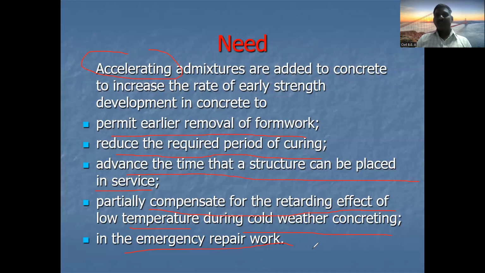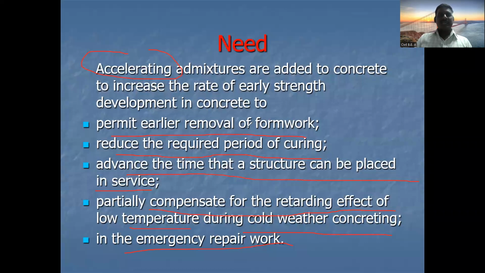For that purpose, if we have to repair a particular RCC component, at that time we can use an accelerating admixture in the concrete, so that we get early strength and the emergency repair of that work can take place.